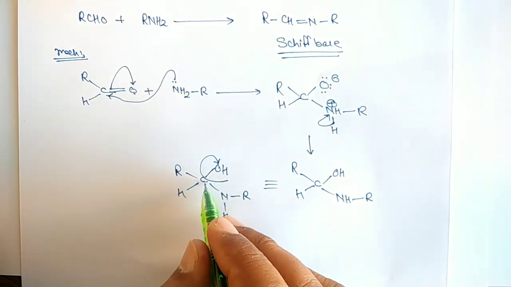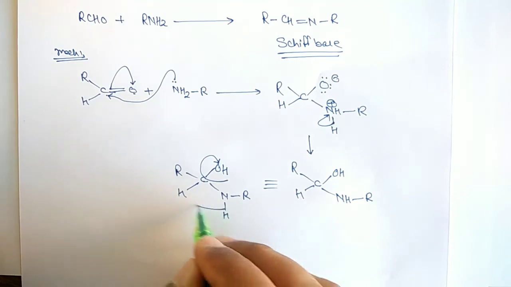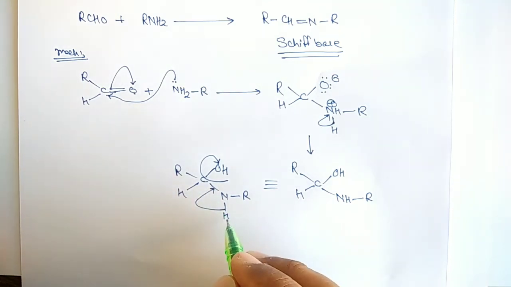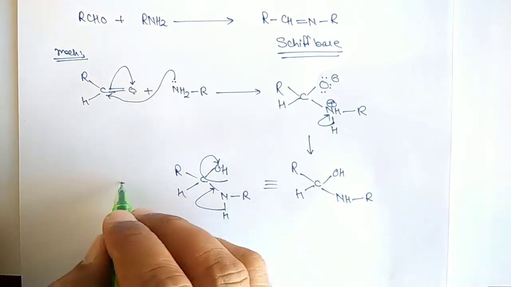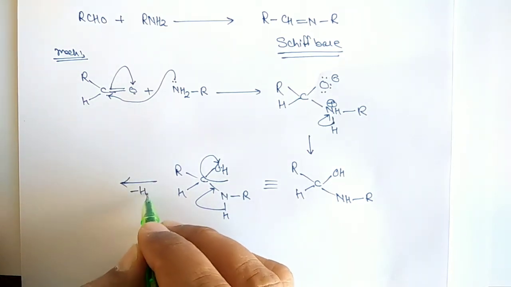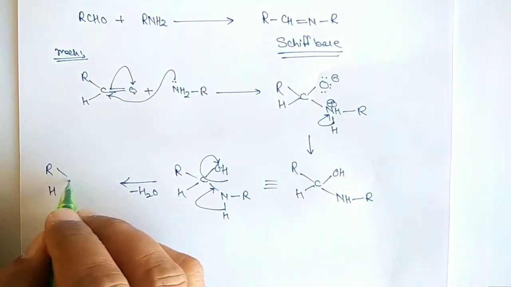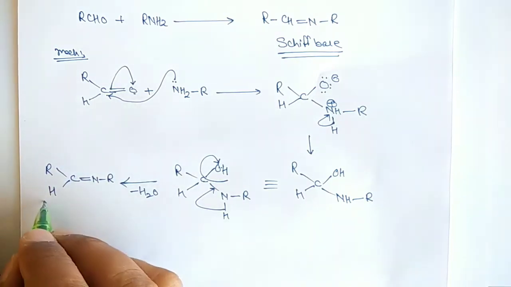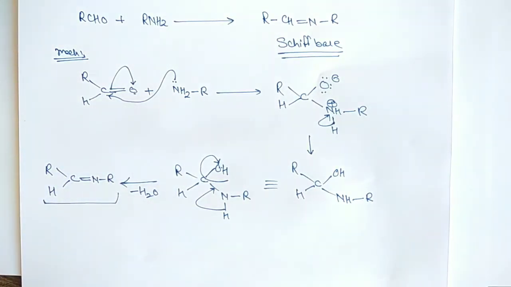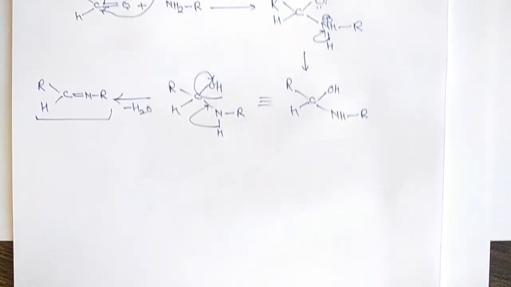So therefore this carbon's valency will be left 3, 1 2 3, and this carbon carries positive. In order to satisfy this valency, this bond will shift here, therefore H will carry positive. OH carries negative, this H carries positive, and therefore they combine together, and water is lost, and we get here R, here is H, here is the C, double bond N, and here is R, which is called Schiff base. So this is the method of the preparation of the Schiff base.